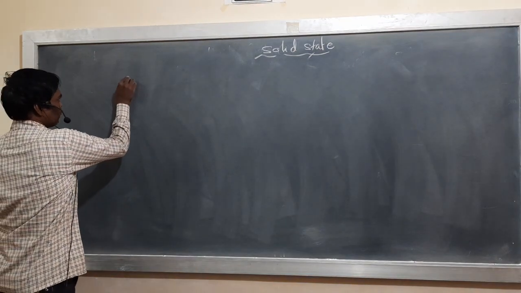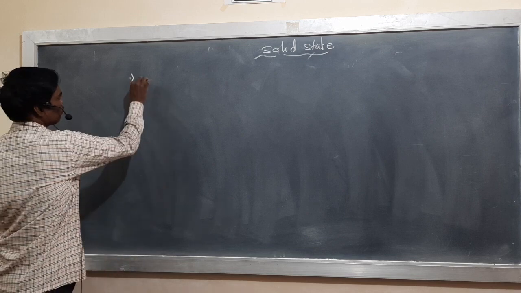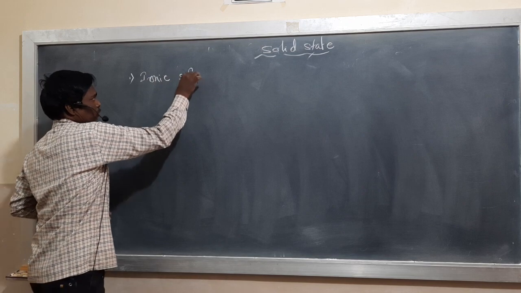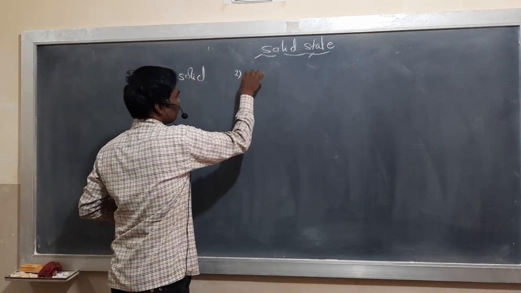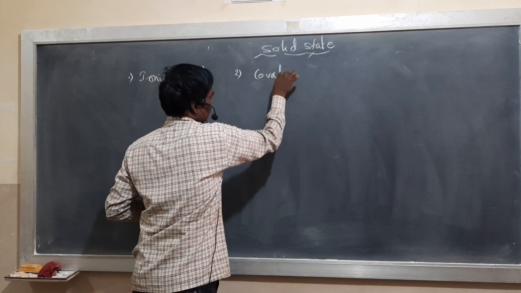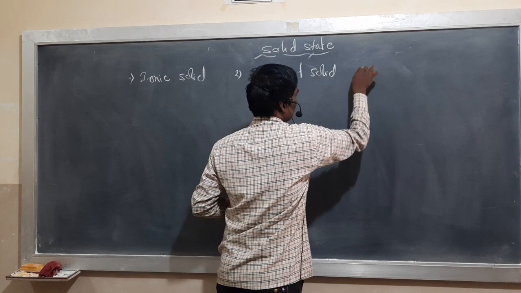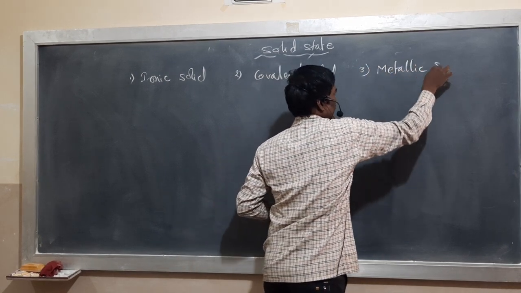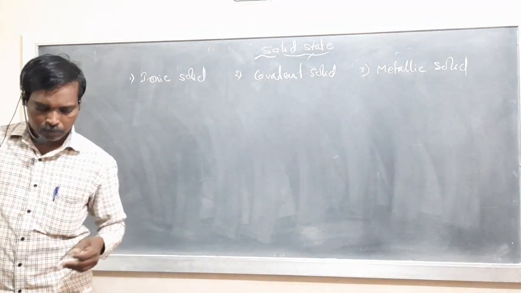Here, solids are classified into four types: first, ionic solids; second, covalent solids; third, metallic solids; and fourth, molecular solids.